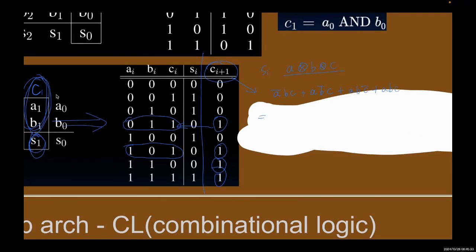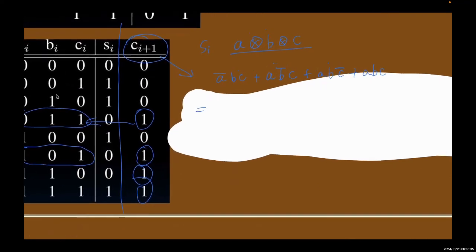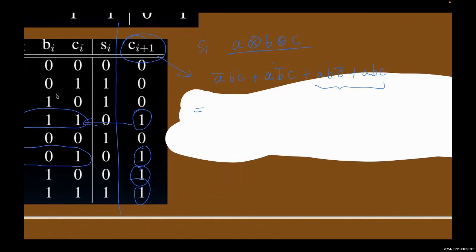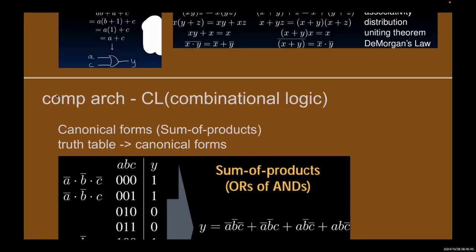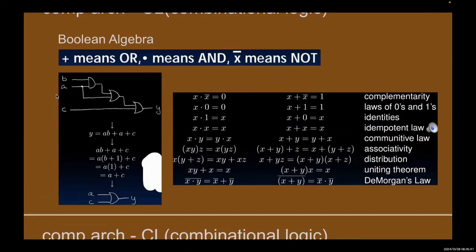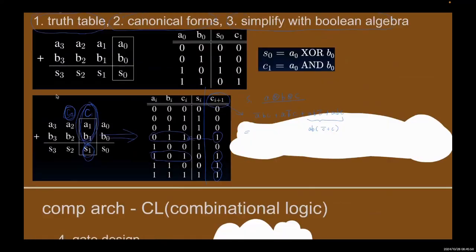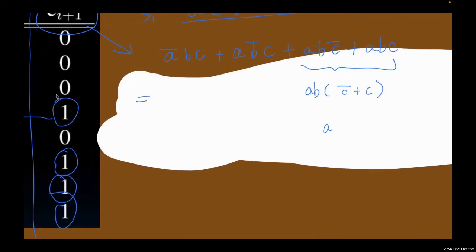And simplify it. So these two, we can go to A, B, C plus C, which is, let me look at it, which is 1. So this just becomes AB.